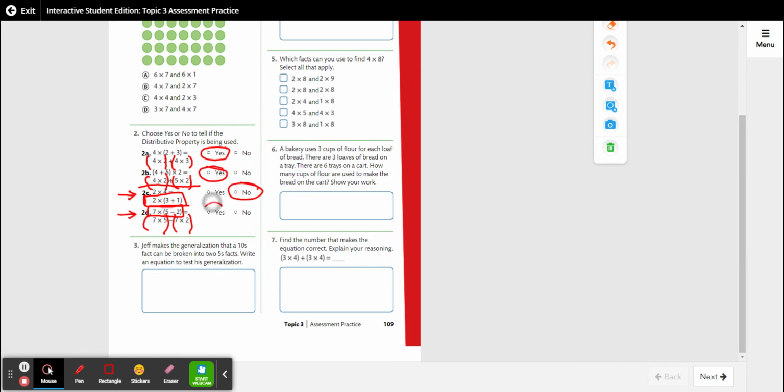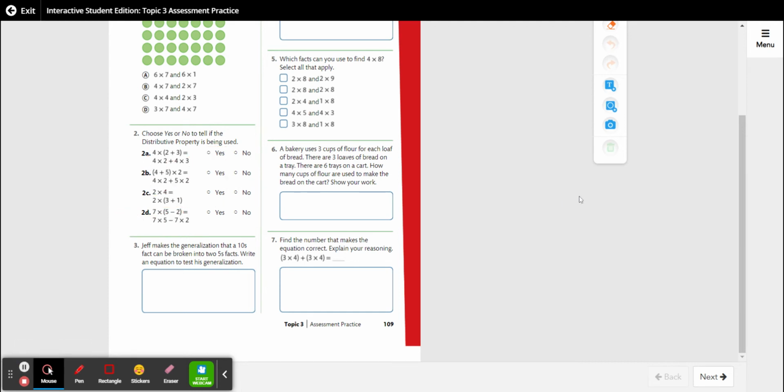Yes. So the answer is yes. So the ones where the distributive property is being used are 2a, 2b, and 2d. But in 2c, the answer is no, because that first multiplication fact, 2 times 4, has not been broken apart into two other multiplication facts.